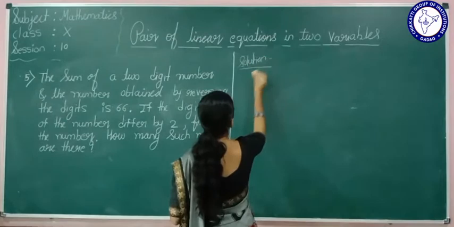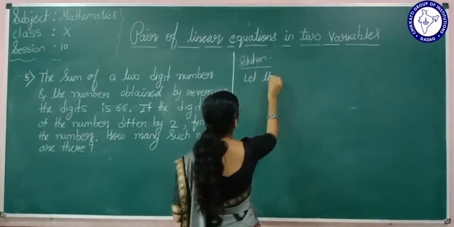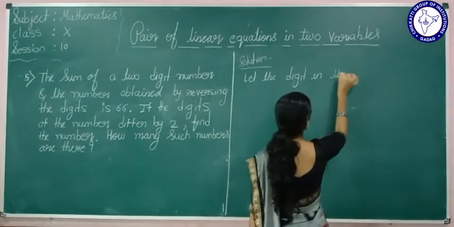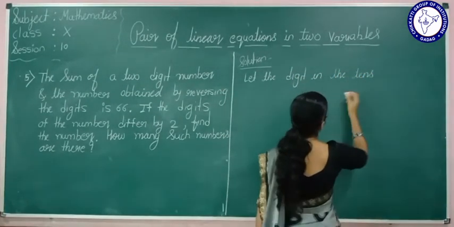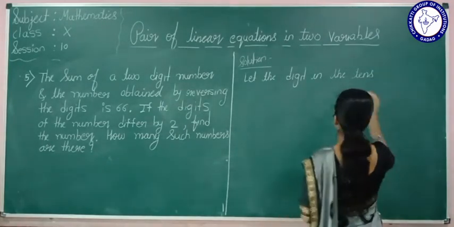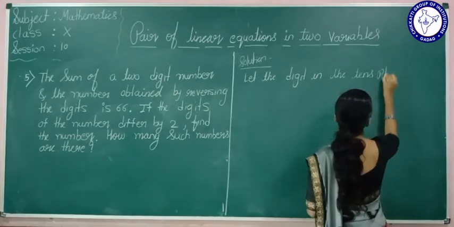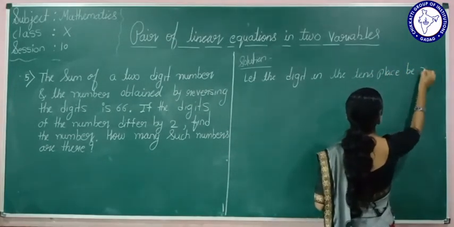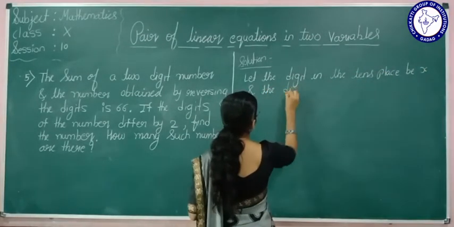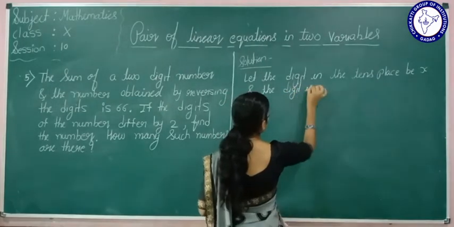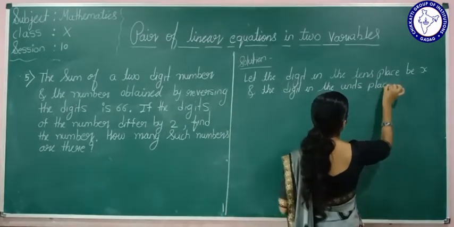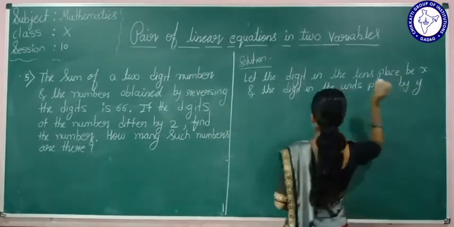See, let the digit in the tens place be x, and the digit in the units place be y of the first number.